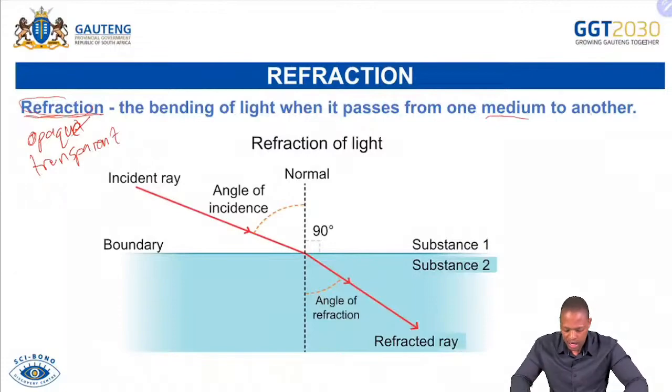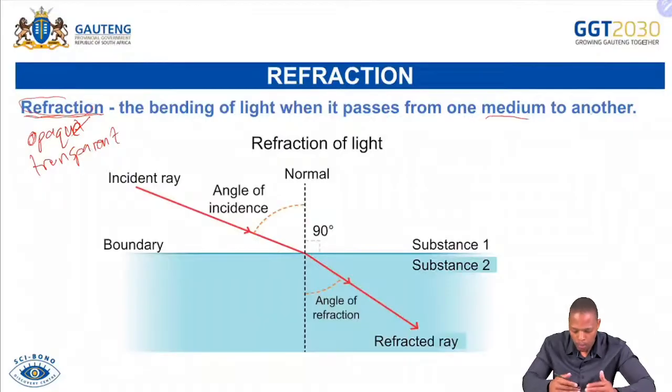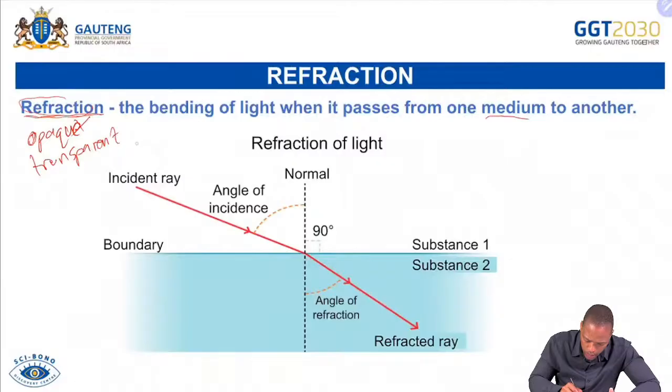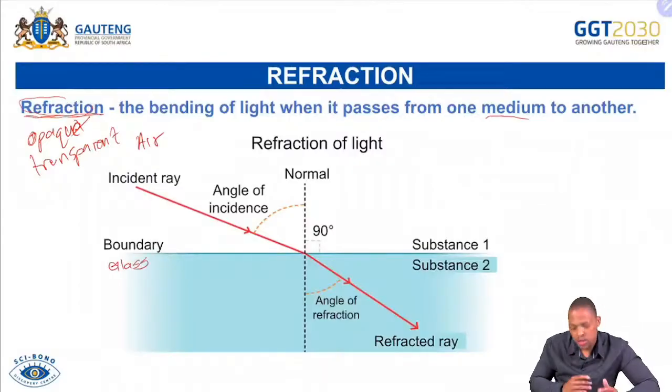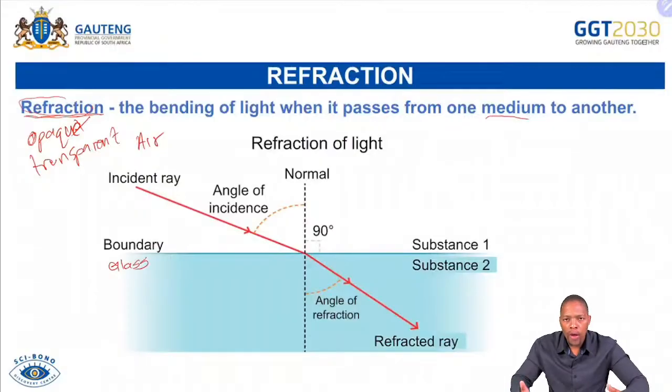As this diagram shows here, you have light that is coming from one medium to another medium. Say, for example, we say this medium that it comes from is air, and it is going to a medium, maybe let's say this medium is glass, or it could be water, or any other medium, okay?